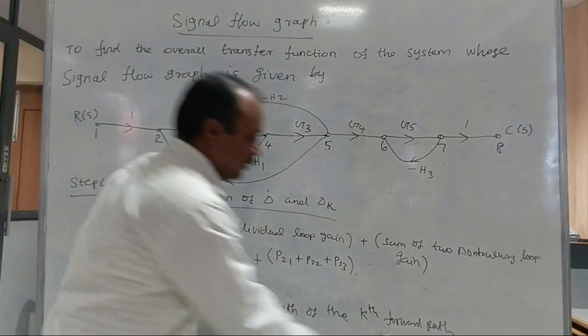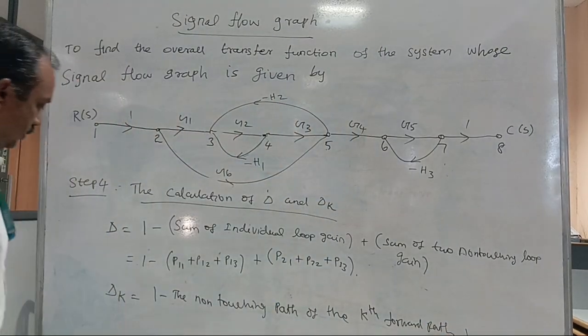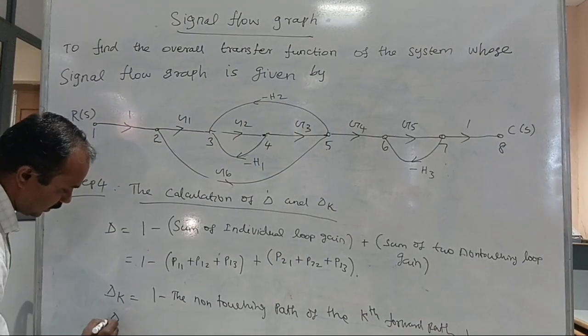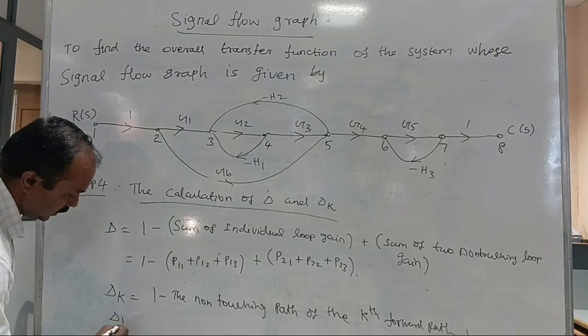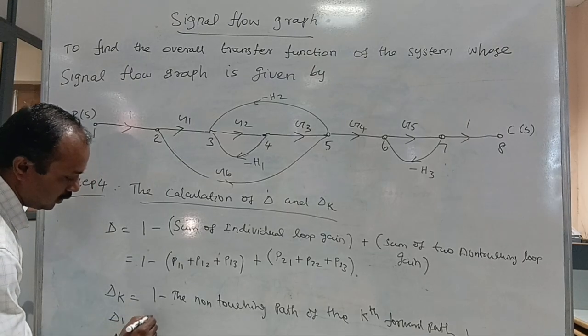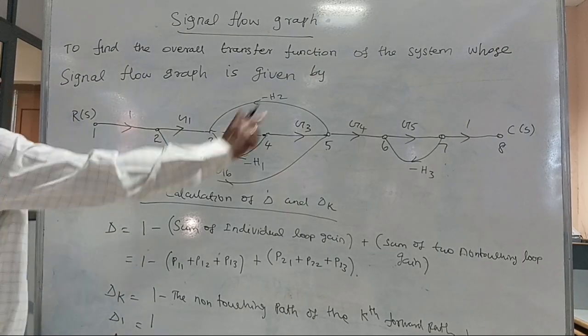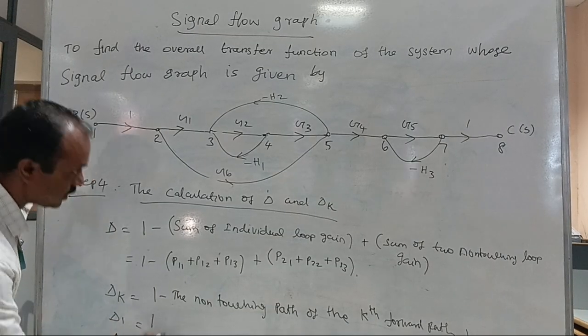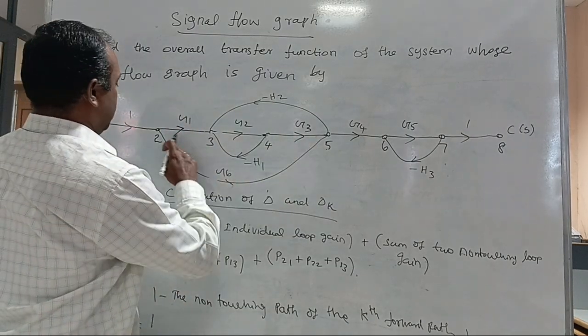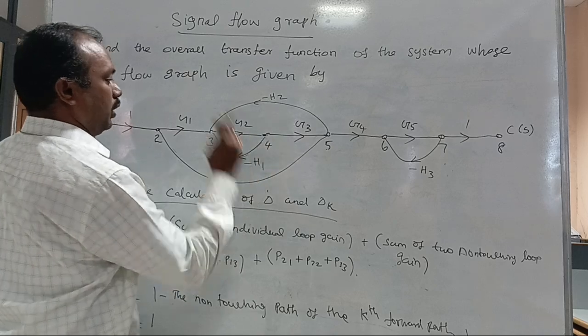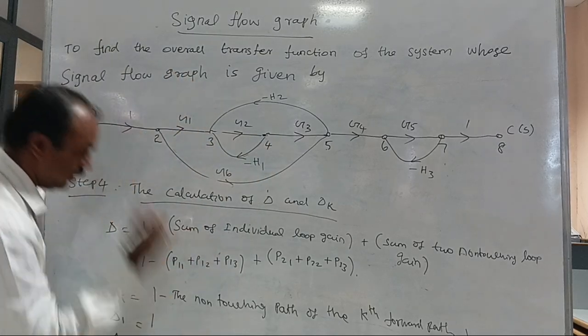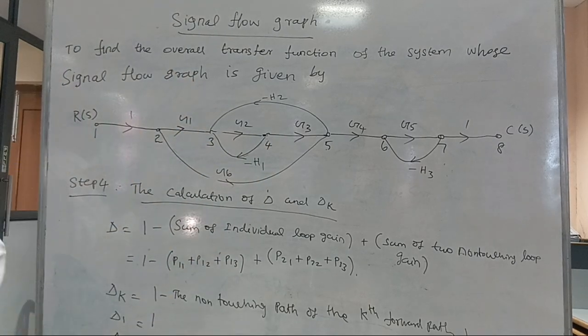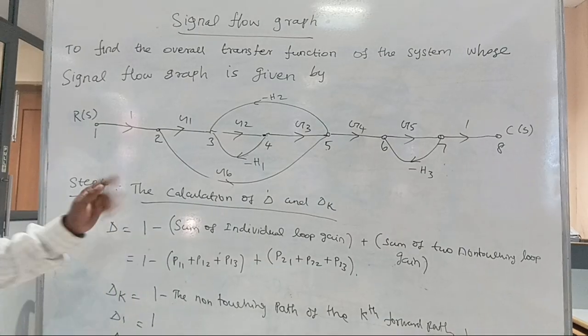Based on the 2 forward paths, there is del 1 and del 2. Del 1 is 1 because all the loops touch the first path. For del 2, the loop 3, 4 is not touching that path, so it is 1 minus that loop gain. That is all about the calculation of del and del K.